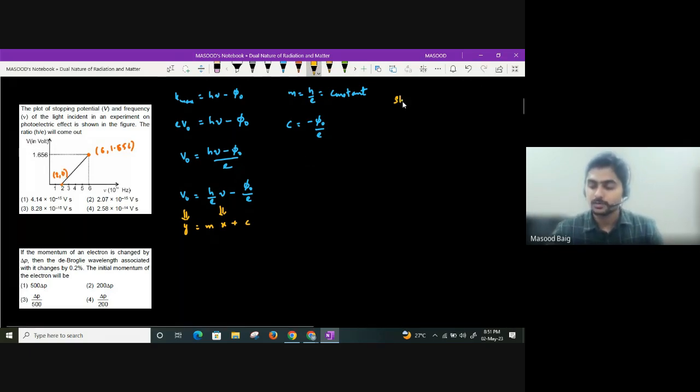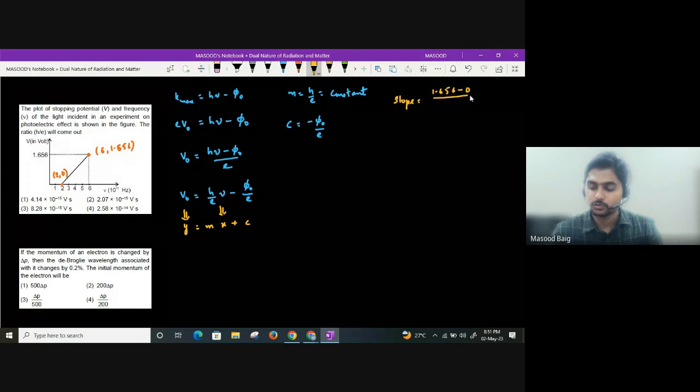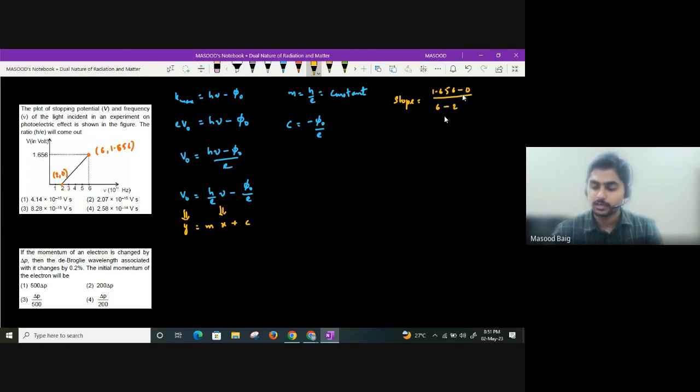h by e is nothing but the slope, guys. So how will you find the slope between these two points? 1.656 minus 0 divided by 6 minus 2, which is 1.656 divided by 4, which will turn out to be 0.414. Now, the numerator is in volt, but the denominator is frequency, so I get 10 power 14 again.